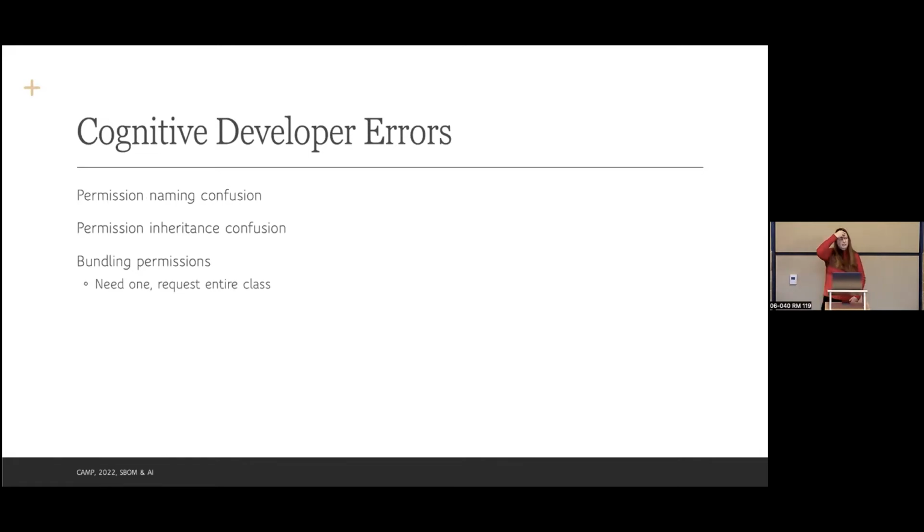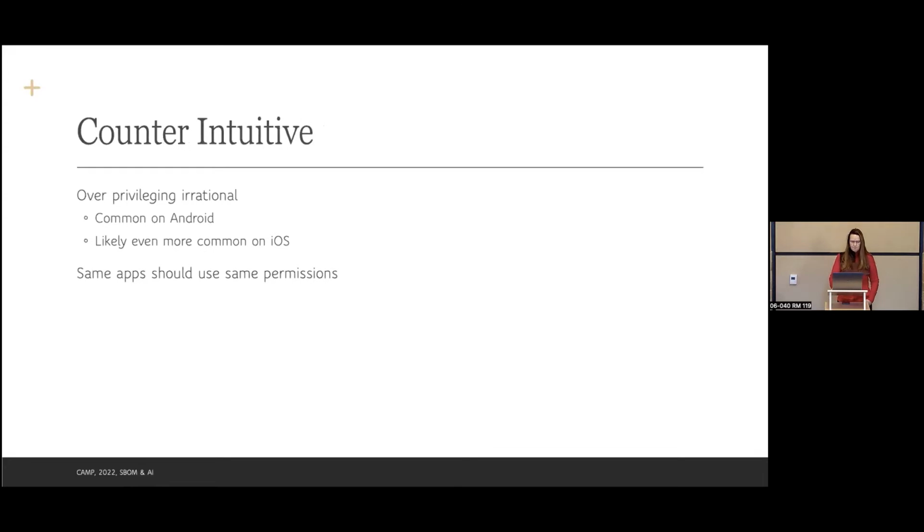So I'm not sure which permission of these 8 I need to make my app run, so I'm taking all 8 of them. That, of course you would. And the bundling of permissions. Often you need one permission, but you get the entire class. It is a counterintuitive problem because you'd think people would only want to include the permissions they needed.